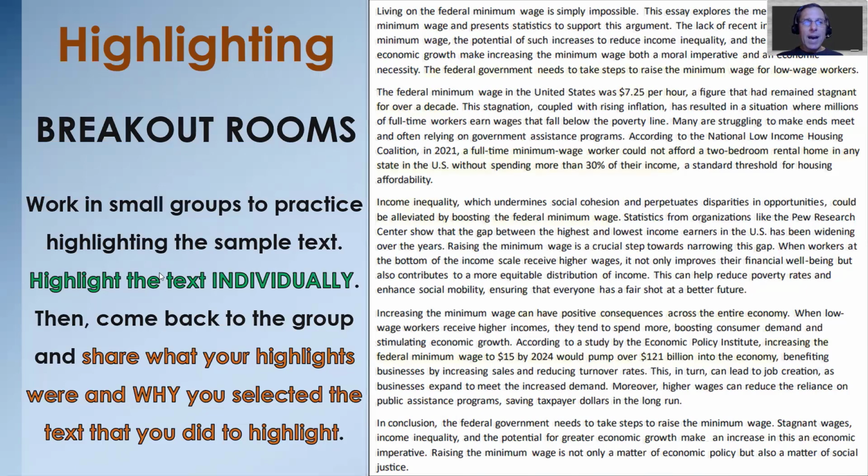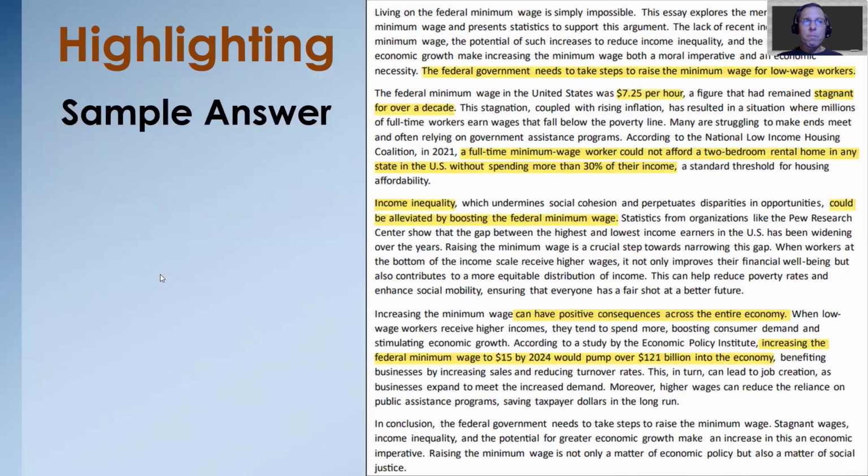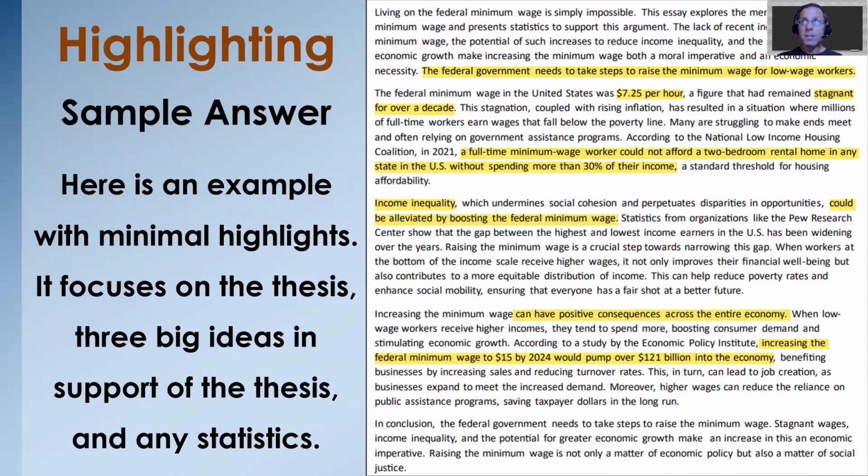Okay, welcome back. So here are my sample answers. If you look at the first paragraph, I've highlighted the thesis statement. I've highlighted some key statistics, that it's $7.25 an hour and it's remained stagnant. And I also highlighted another important statistic here.